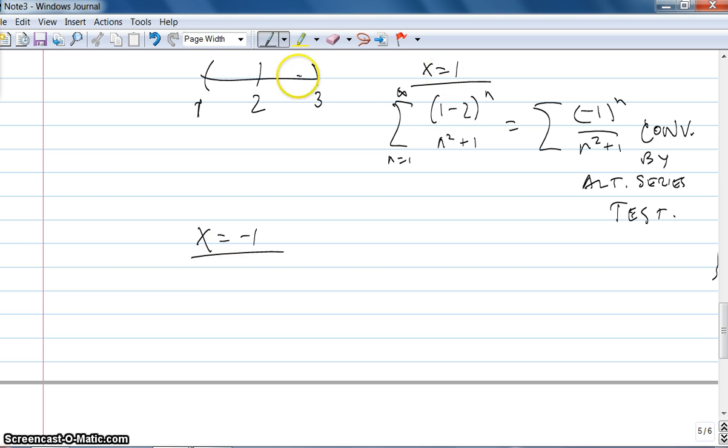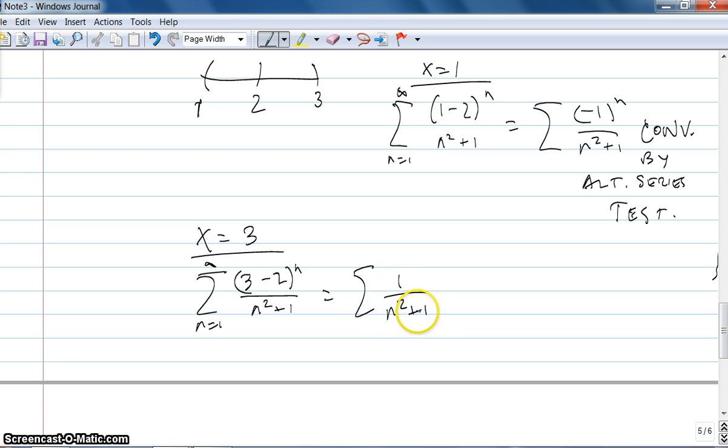We checked x equals 1, now I need to check x equals 3, that's the other endpoint. X equals 3, so now I have a series of (3 minus 2) to the n over n squared plus 1. And of course that's equal to, I just have 1 to the n, which is just 1. I don't have to have the n there. This one was on the midterm.